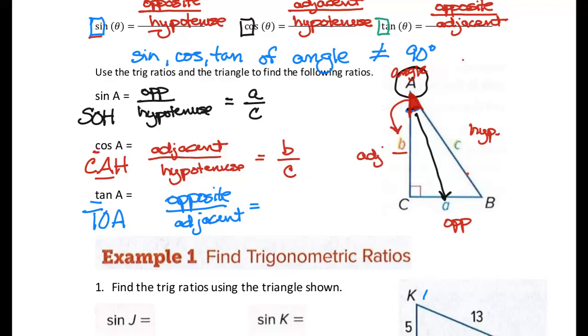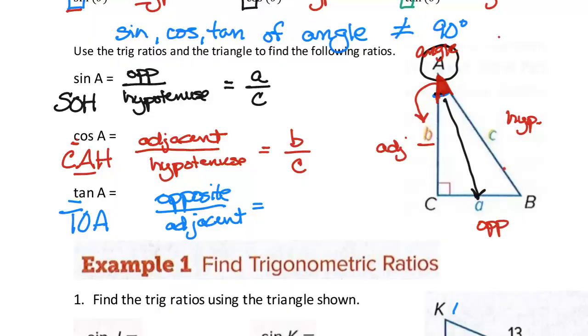So if we're looking at angle A, the side opposite of that is going to be length A divided by the adjacent side, which is B. Okay? Very important to understand this. So, does anybody have any questions about what we just went over?